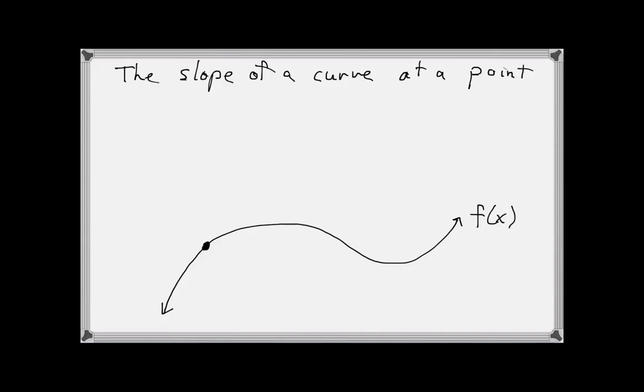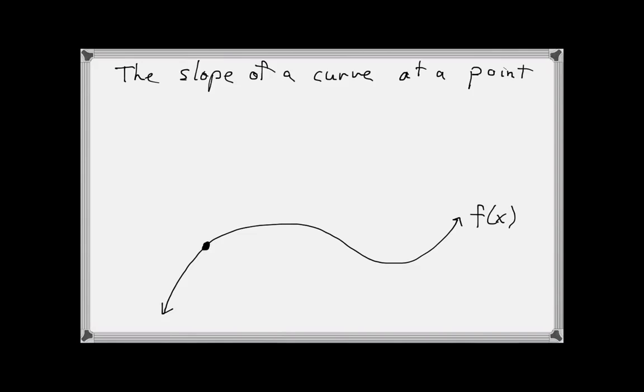Now let's talk about the slope of a curve at a point. We know what is meant by the slope of a straight line. In fact, we have a formula for the slope of a line passing through 2 known points. But what does it mean by the slope of a curve at a point on that curve?